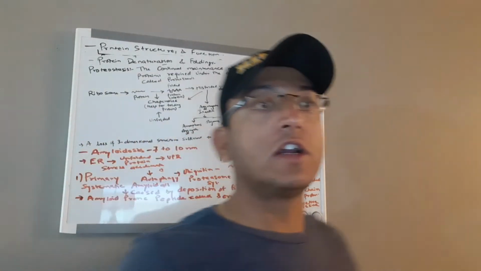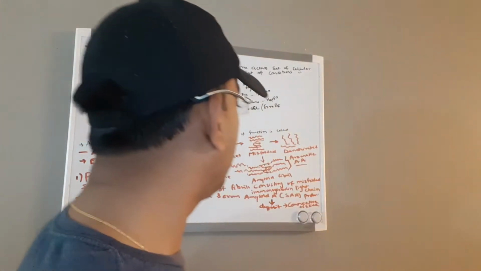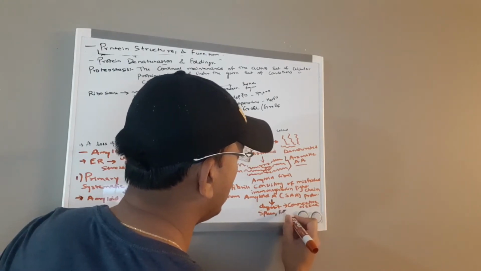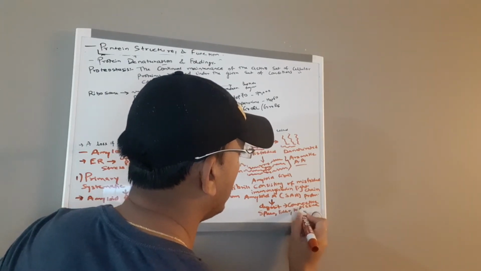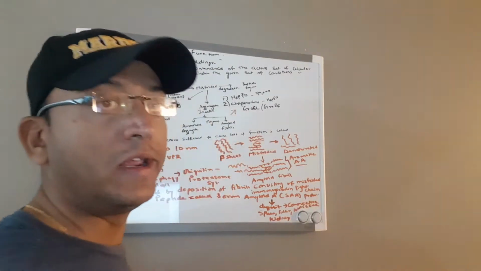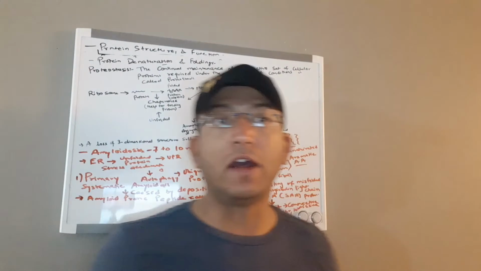Of what kind of organs? Spleen, kidney, liver. Maybe I will write it down here. Spleen, liver, kidney, and around the heart.